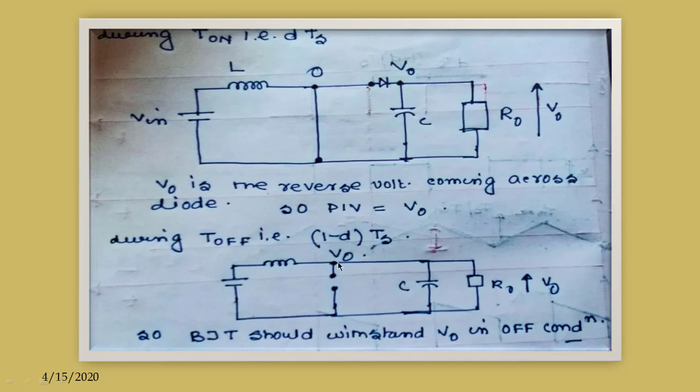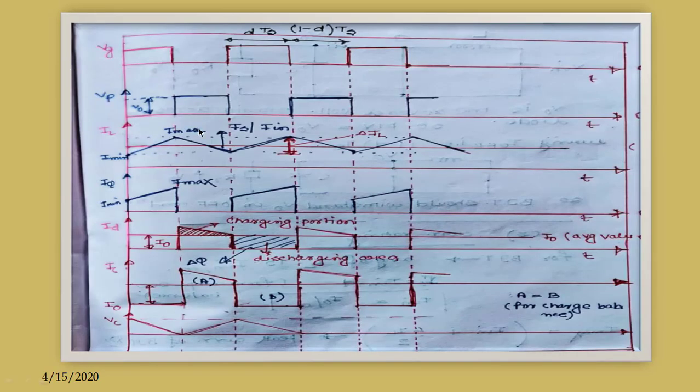So if this V naught is higher than this V in, V in minus V naught will be negative. That's why during the off period it is following the negative slope.